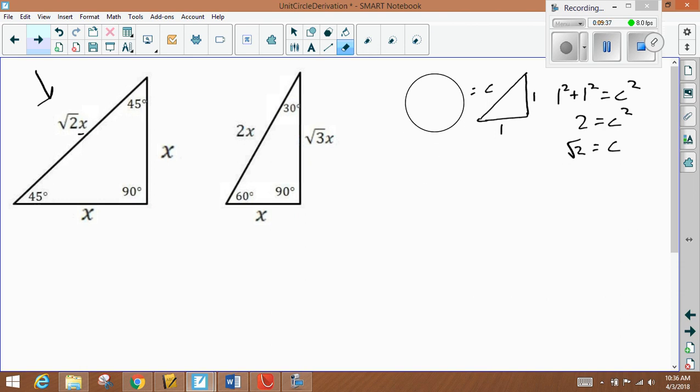Sorry, that root 2 doesn't look very good. I could dilate this just by adding a factor of x, and I'm going to wind up with a similar triangle.